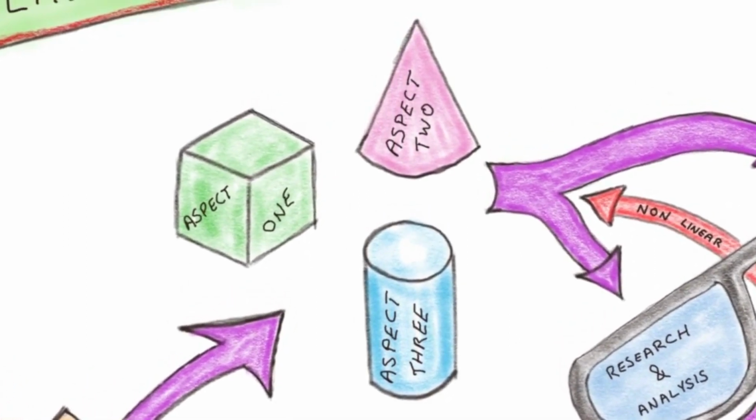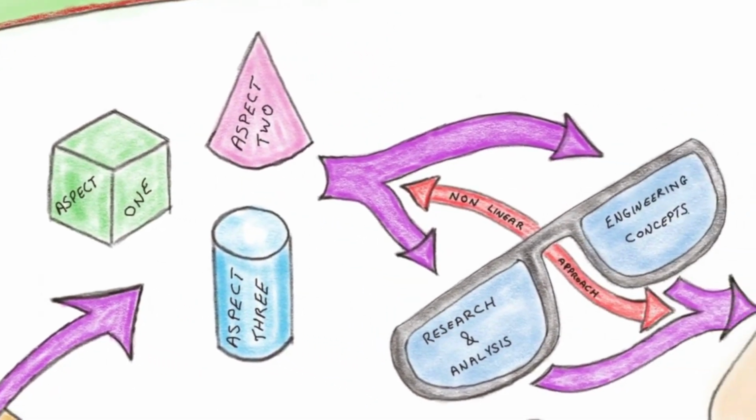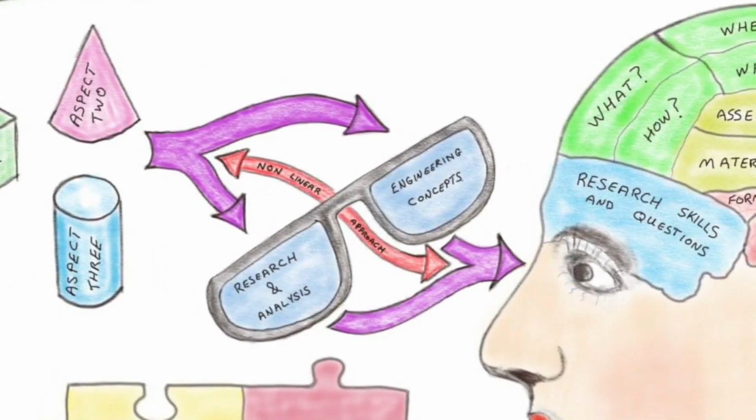Once our students have these broad areas or aspects, they can begin to look at them through the lenses outlined in the assessment guidelines, which are research and analysis and exploring the concepts of the engineering.